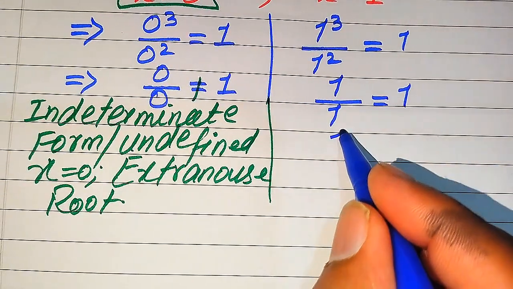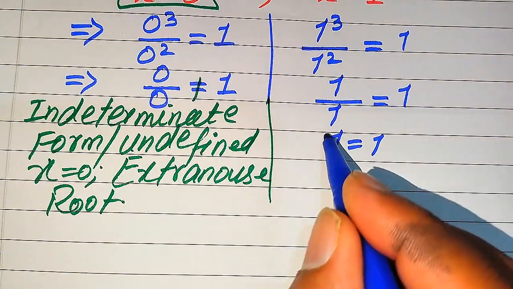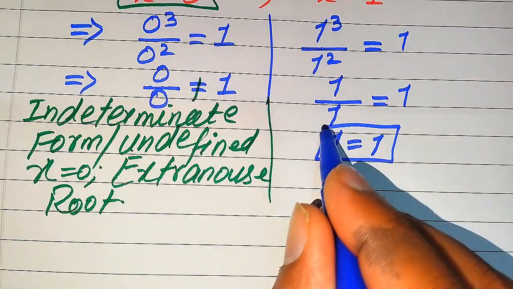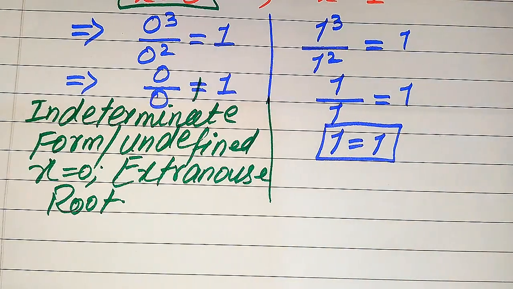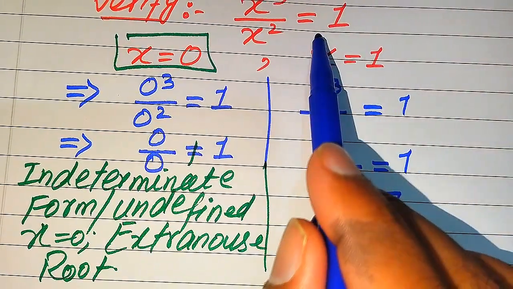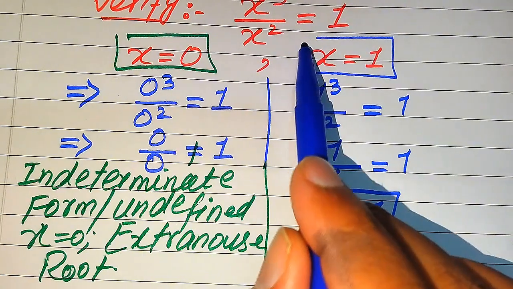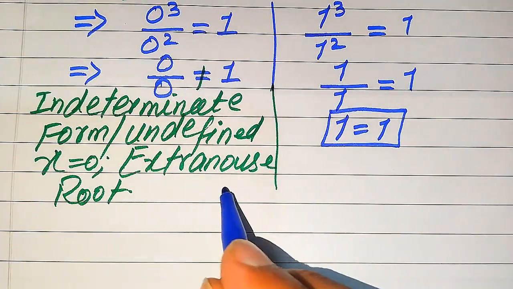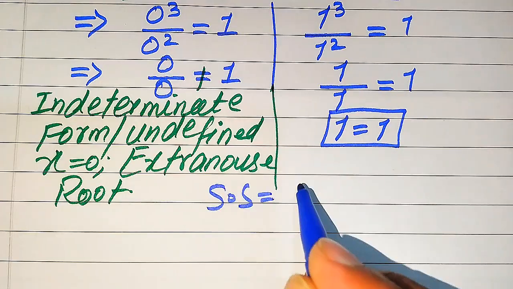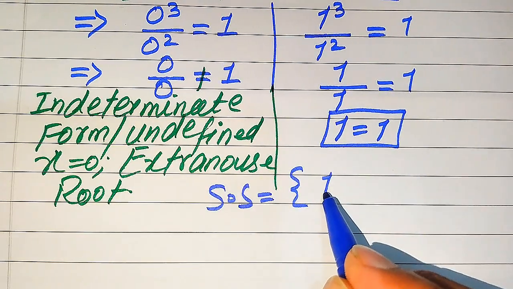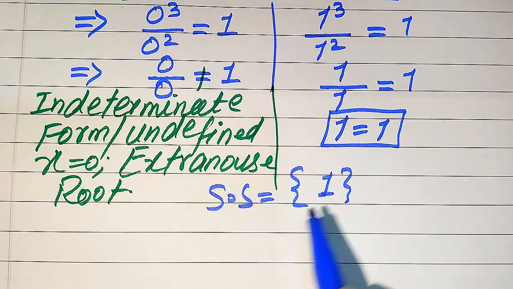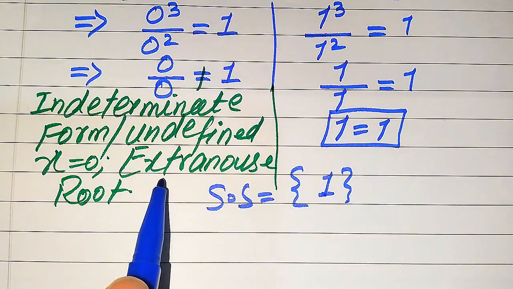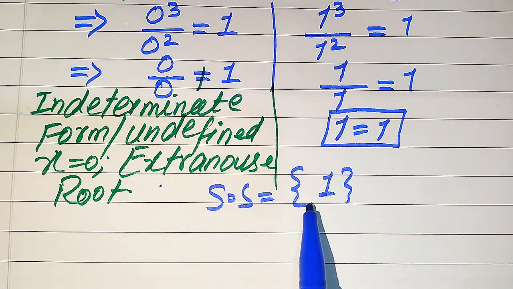So 1 divided by 1 equals 1 equals 1. So this shows that the value of x equals 1 satisfies our given question statement. So we say that x equals 1 is the solution set of the given equation. So x equals 0 is the extraneous root and x equals 1 is the solution set of the given question.